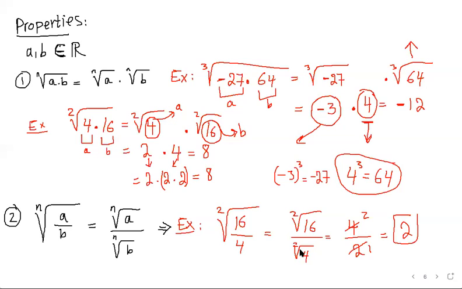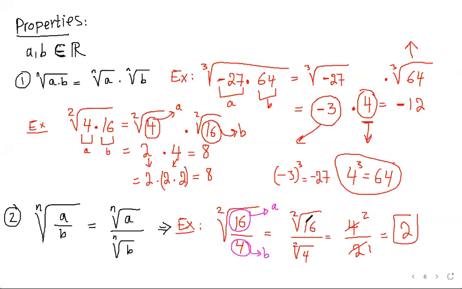The first number is 16, this is my A, and this is my B. A over B, the nth root of A over the nth root of B. So it's the square root of 16 over the square root of 4.